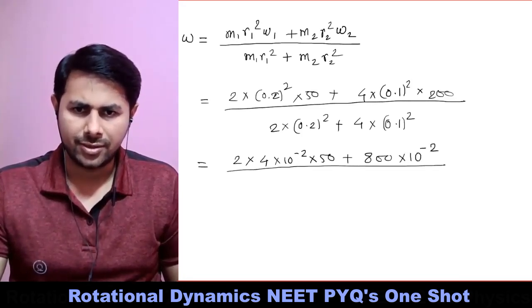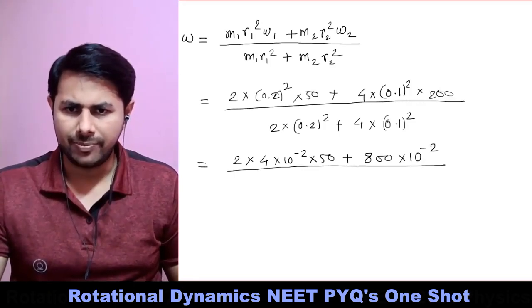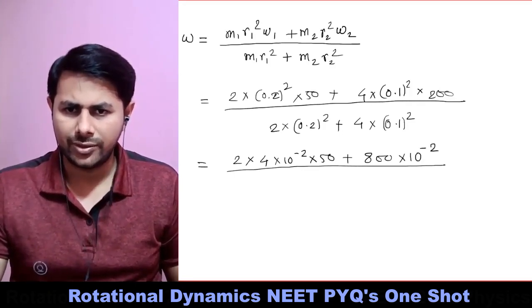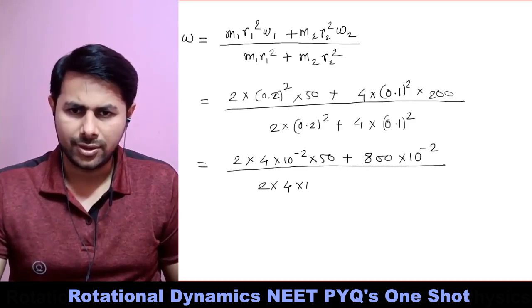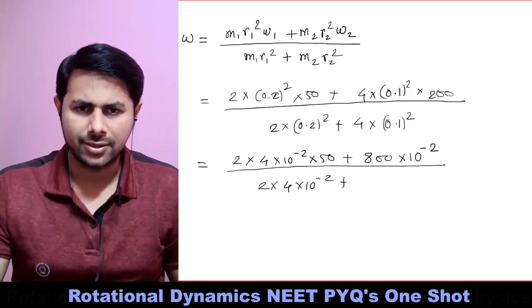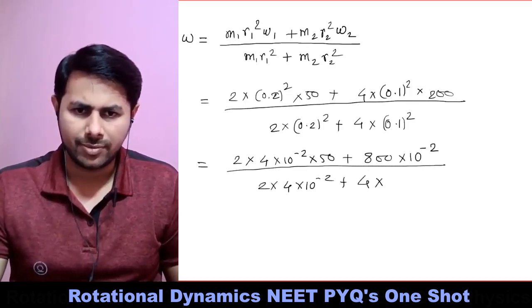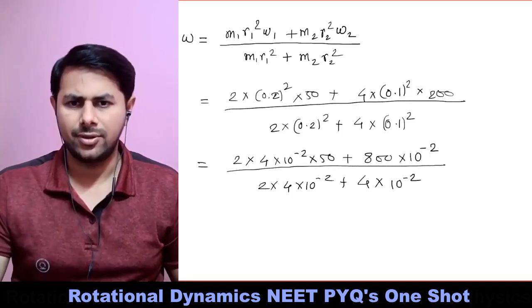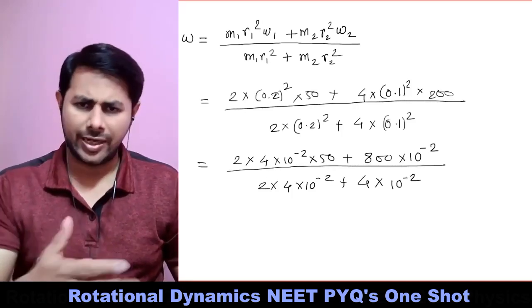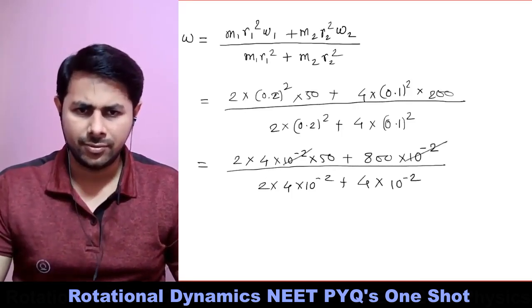And in the denominator we have again the same thing: 2 times 4 into 10 raised to minus 2 plus 4 multiplied by 10 raised to minus 2. So 10 raised to minus 2, we can take it common and cancel it out throughout.